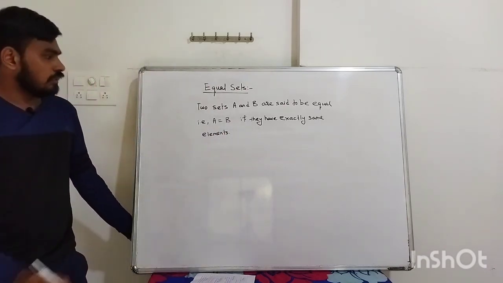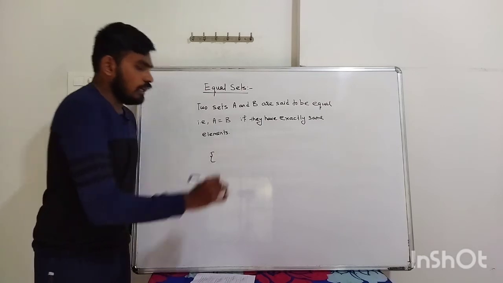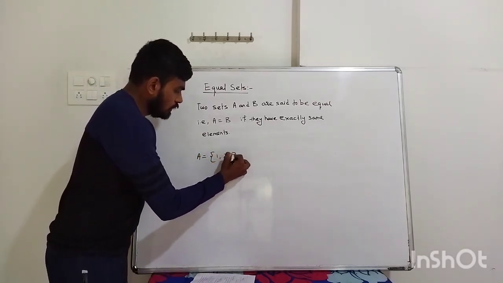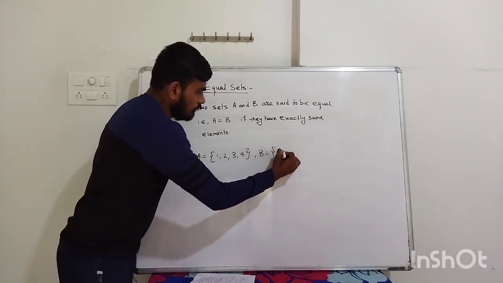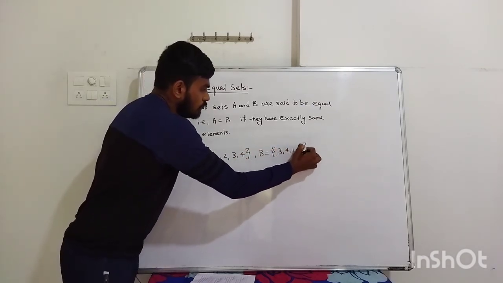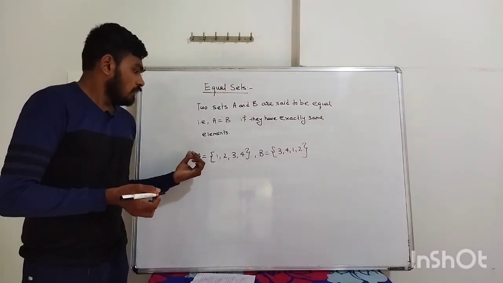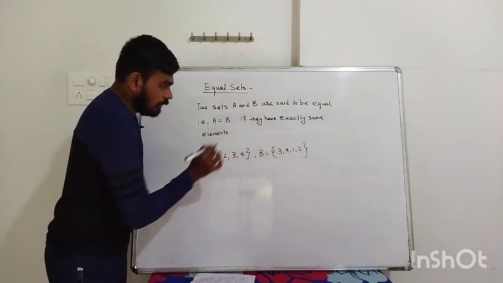And when we say this, don't see how they are arranged. For example, if we have A is equal to {1, 2, 3, 4} and B is equal to {3, 4, 1, 2}, don't see how they are arranged. Just see if they have the same elements.